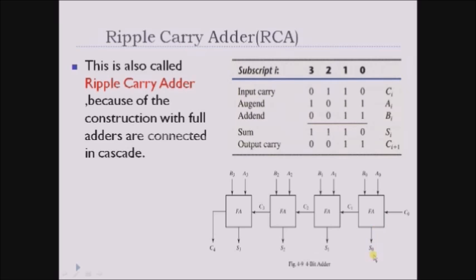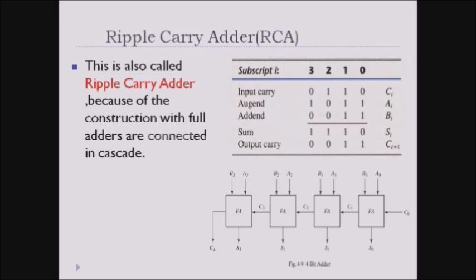Therefore I would get the outputs s0, s1, s2 and s3. c1 is the carry output which we get from the full adder circuit, and that is given as an input to the next stage. In the same way, you'll get the final carry as c4. So this is how you are going to perform addition between two operands which are holding multiple bits.